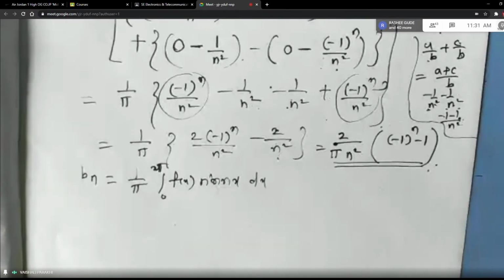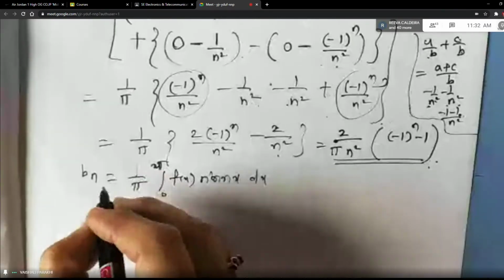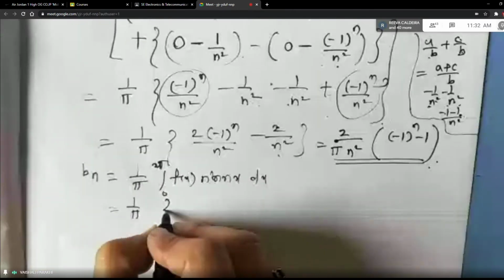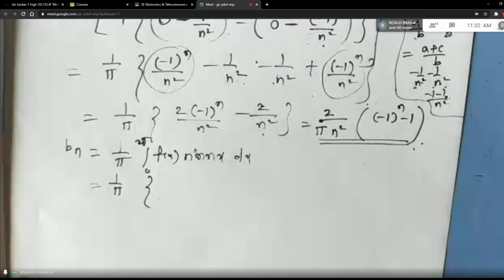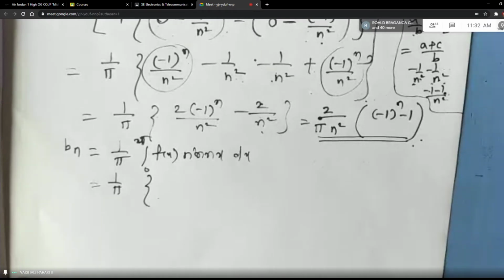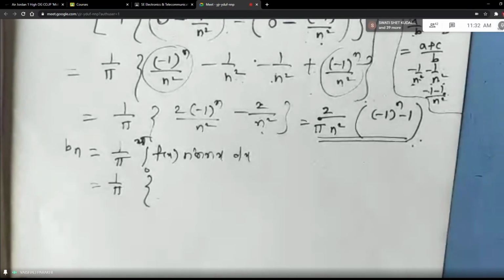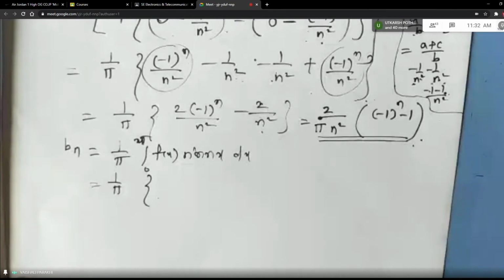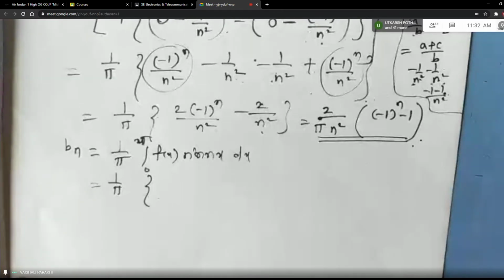Can you tell me the splitting quickly? 1 by pi, tell me the first integral. Anirudh, I can't hear you. Okay, who else can tell me?